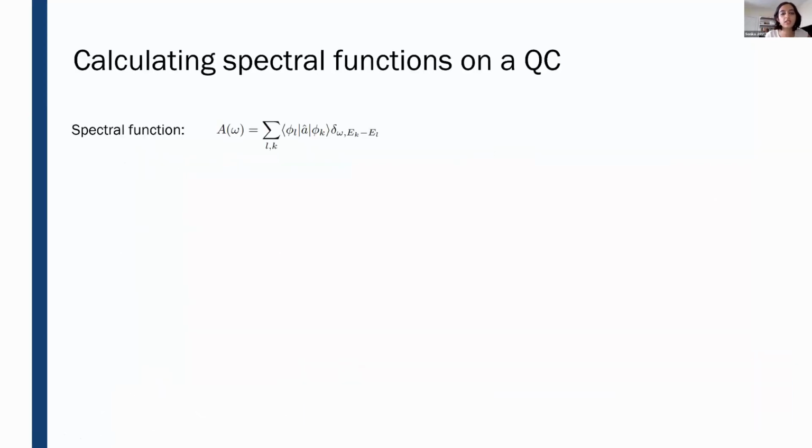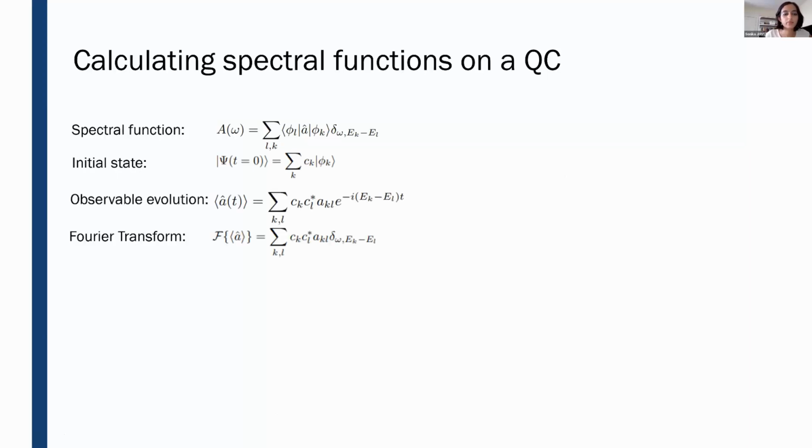So how do we calculate these spectral functions on a quantum computer? Say you start off your quantum computer in some arbitrary state at time t equals 0. Then you time evolve it under your Hamiltonian, and at some finite time t, the expectation value of the observable that you chose can be expressed in this manner.